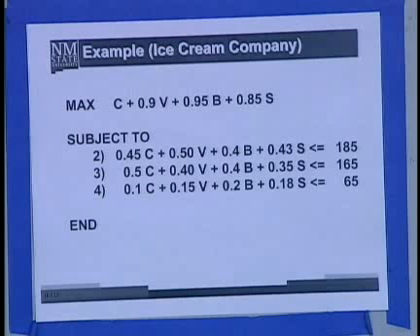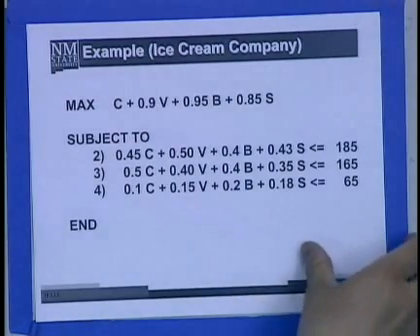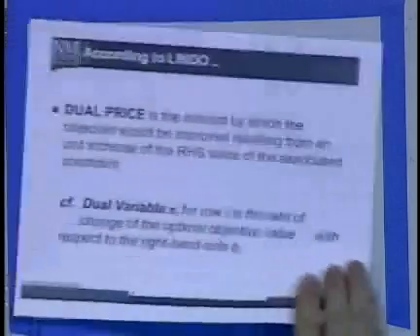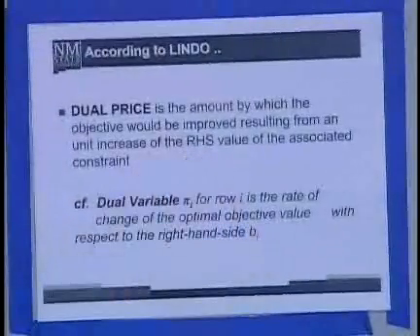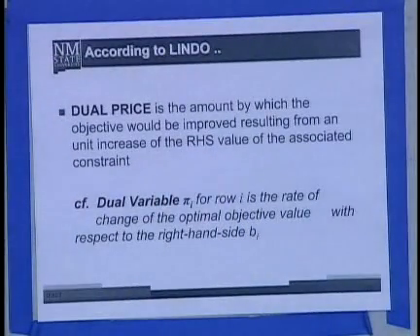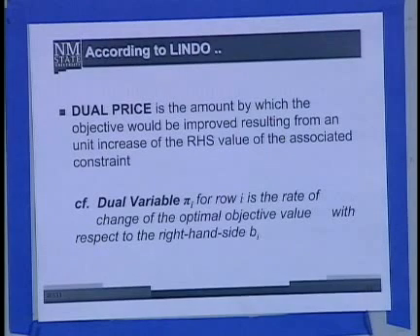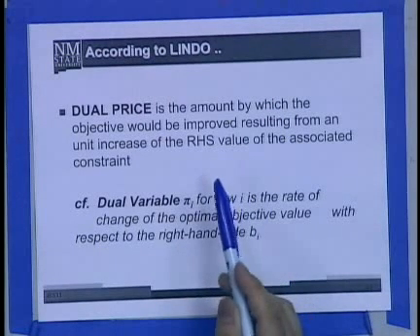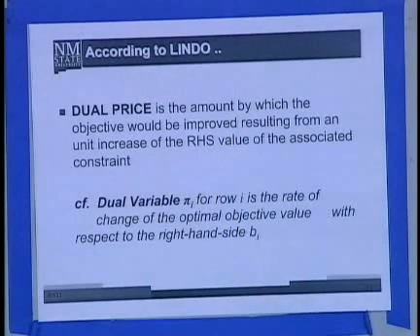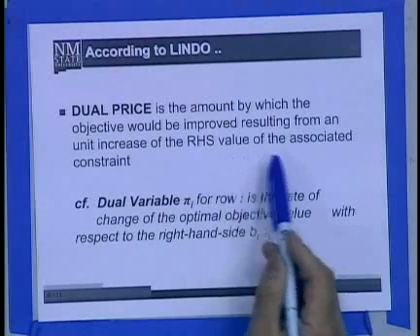So what information do you need to look at? Dual price. That is correct. So what is dual price? Like it says, dual price is the amount by which the objective function value would be improved given a unit increase in the right-hand side of the constraint.